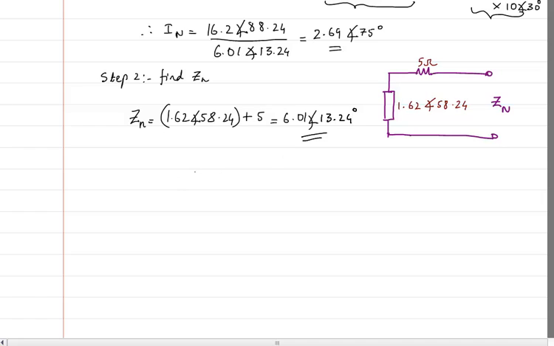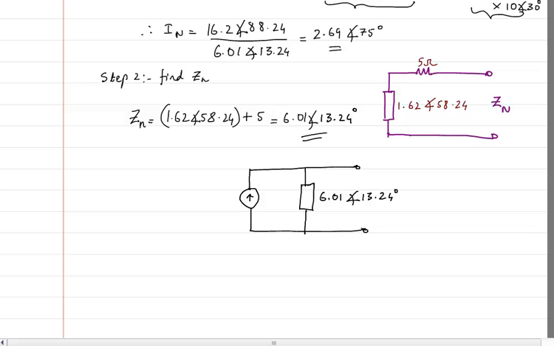So next is directly drawing. The third step is to draw it. Here I have my current source, and the Zn I will have here, and the Zn value is 6.01 angle 13.24 degrees.